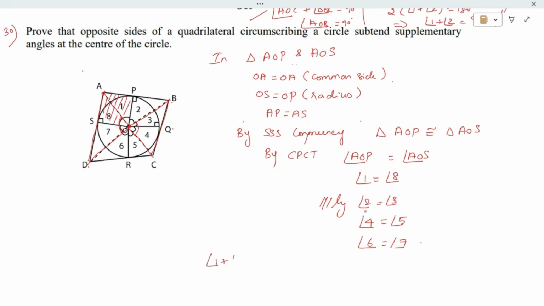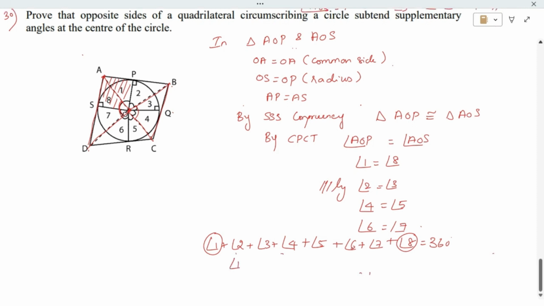So angle 1 plus angle 2 plus angle 3 and so on till angle 8, if I sum up, that is going to be 360 degrees. So I'm equating to 360. Now, you know angle 1 and angle 8 are equal, so I'm rearranging. Angle 2 and angle 3 are equal, angle 4 and angle 5 are equal, and angle 6 and angle 7 are equal.